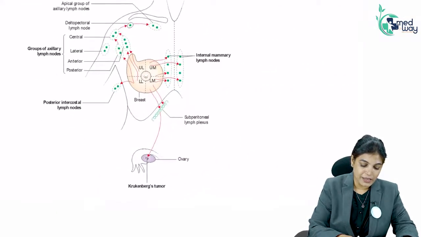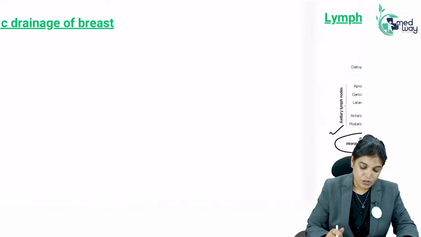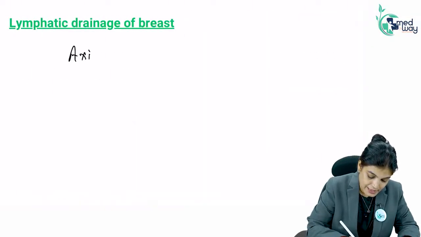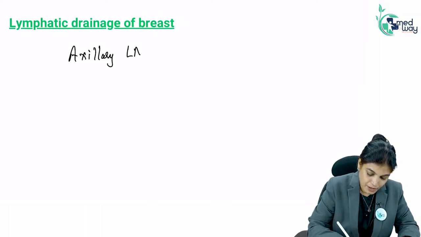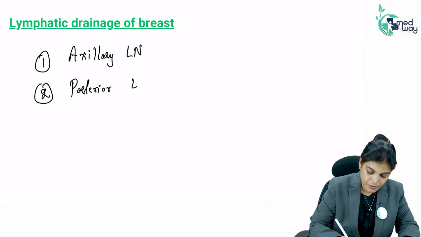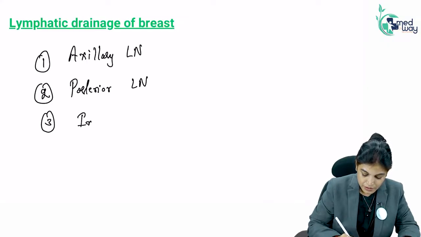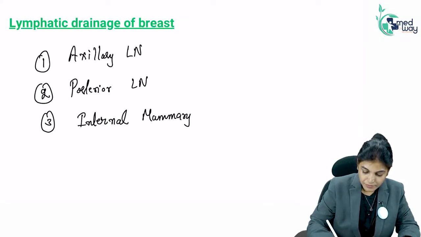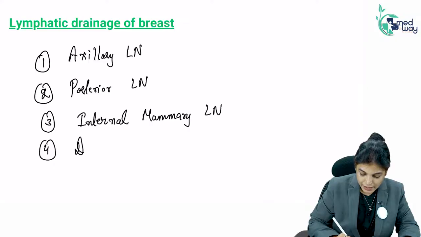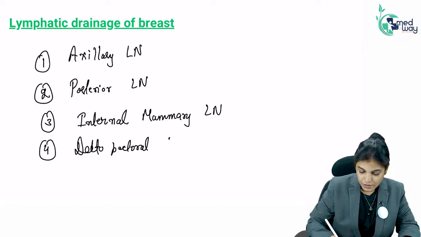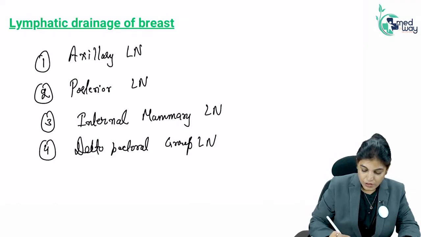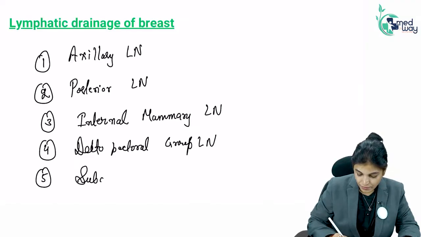Talking about the major sources of lymphatics, we have the axillary lymph nodes, the posterior intercostal lymph nodes, the internal mammary lymph nodes, the deltopectoral group of lymph nodes, and also the subdiaphragmatic lymph nodes.